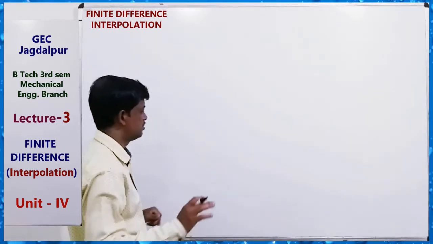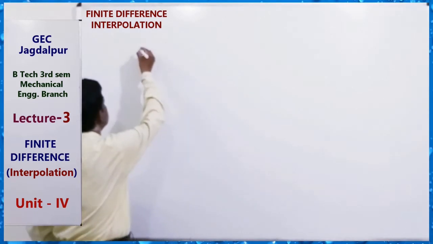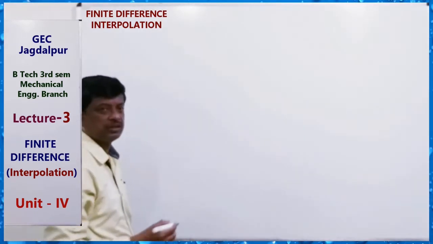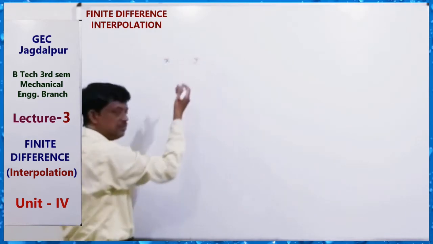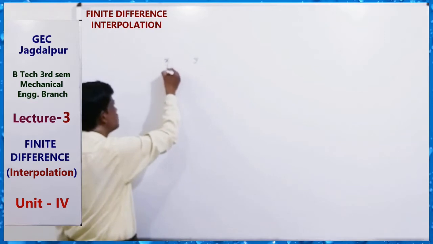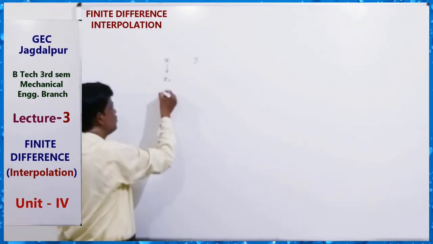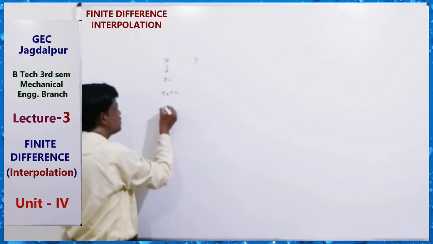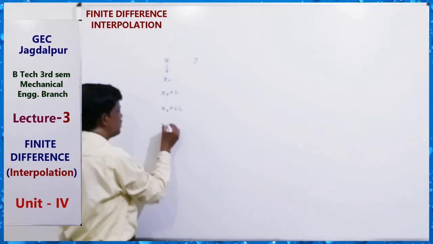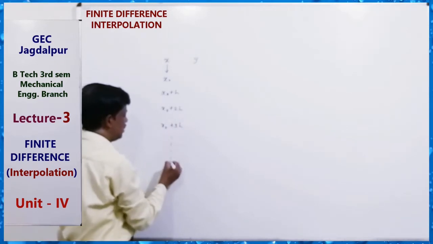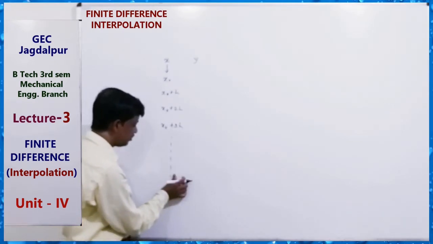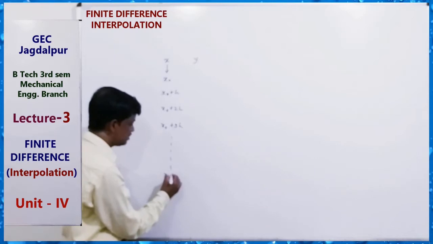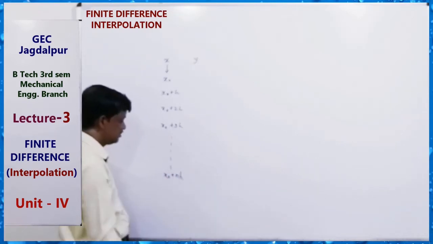Suppose we are given the values of x and y in a table. The values of x are x0, x0 plus h, x0 plus 2h, x0 plus 3h, up to x0 plus nh.